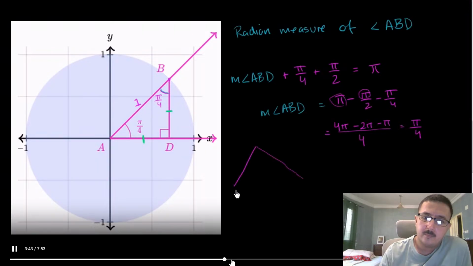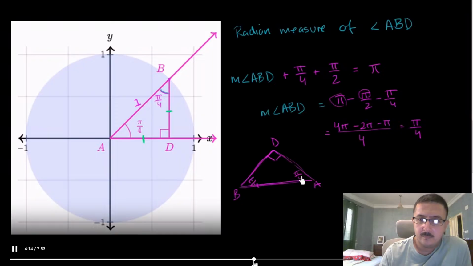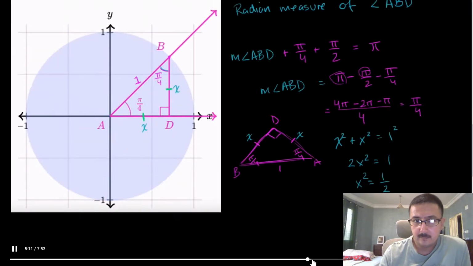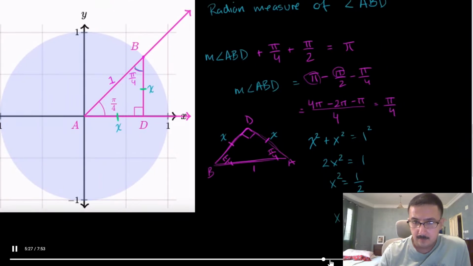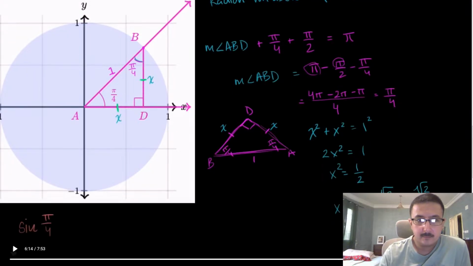So now this is an isosceles triangle. And base angles are equal. We could say that this x squared is sides. We like not having a radical in the denominator, over the square root of 2 times square root of 2. This is the unit circle definition of trig functions.